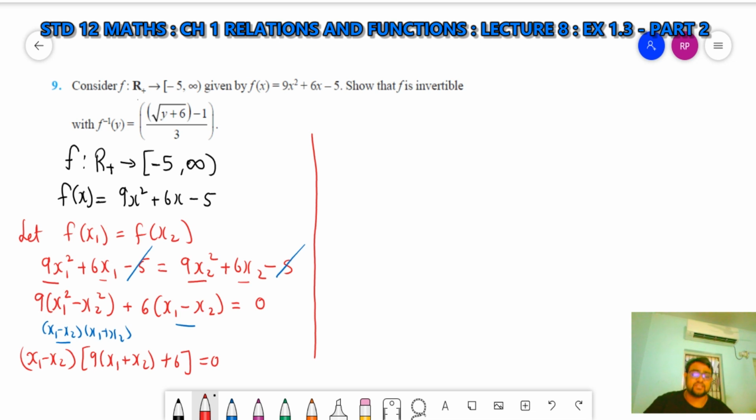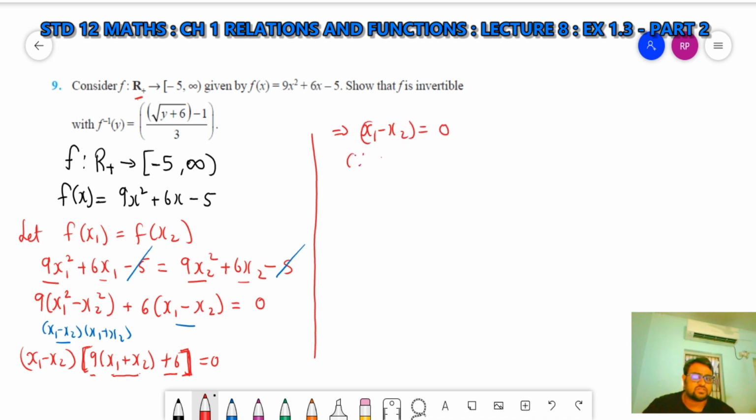Now see this bracket, 9(x1 + x2) plus 6, is positive. x1 and x2 belong to R plus, so x1 is positive, x2 is positive, and 9 times that plus 6 cannot be equal to 0. So what does that mean? That means x1 - x2 is equal to 0.